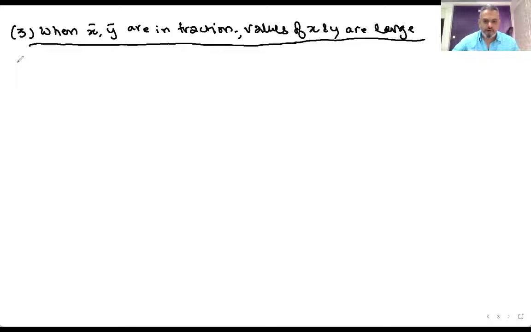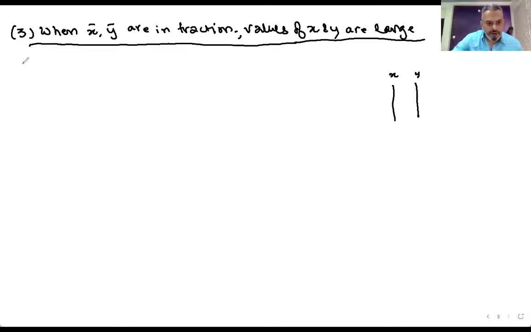Now in this case, what we have to do, pay attention please, we have x, we have y, the mean is in fraction. So we can go for x into y, but the values of x and values of y are also quite big. X is a 3-digit number, y is a 4-digit number. So the calculation becomes very complex.